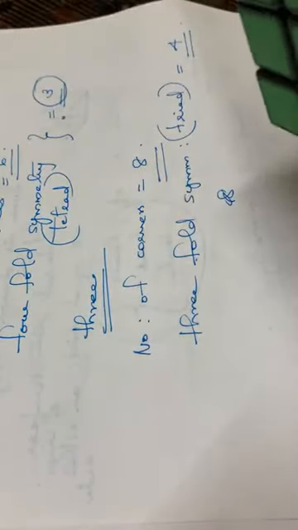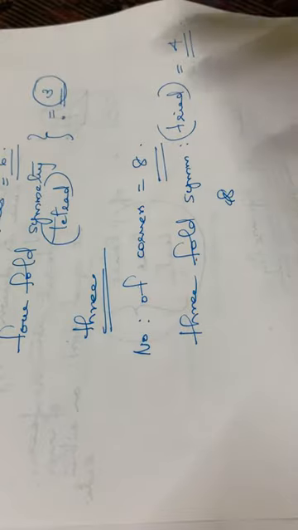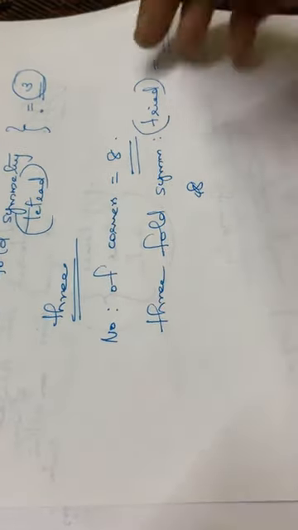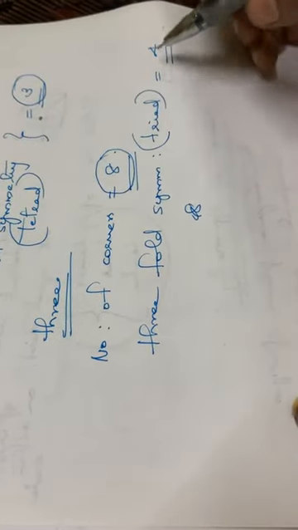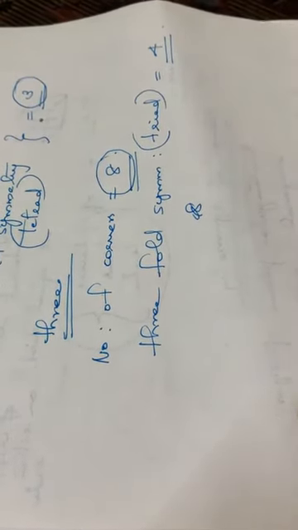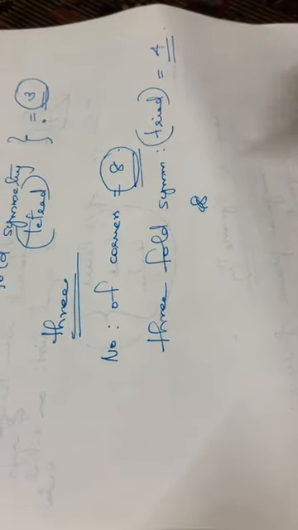So these are the triads for this cubic system. For counting the triads, you have to count the number of corners and write half of that number of corners, and it will be equal to 4.